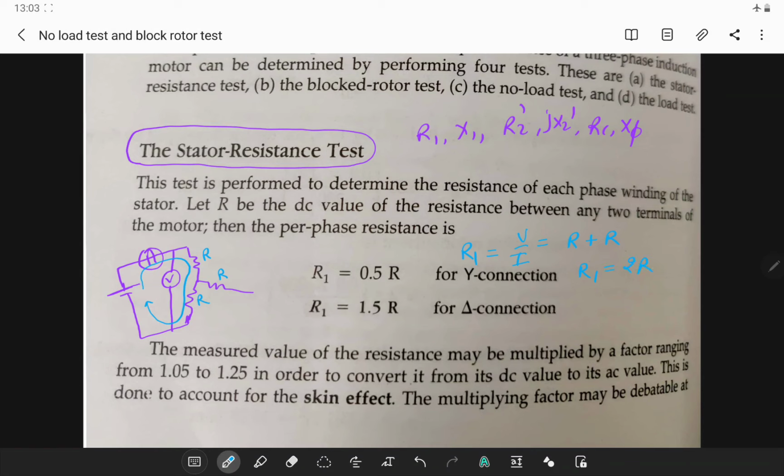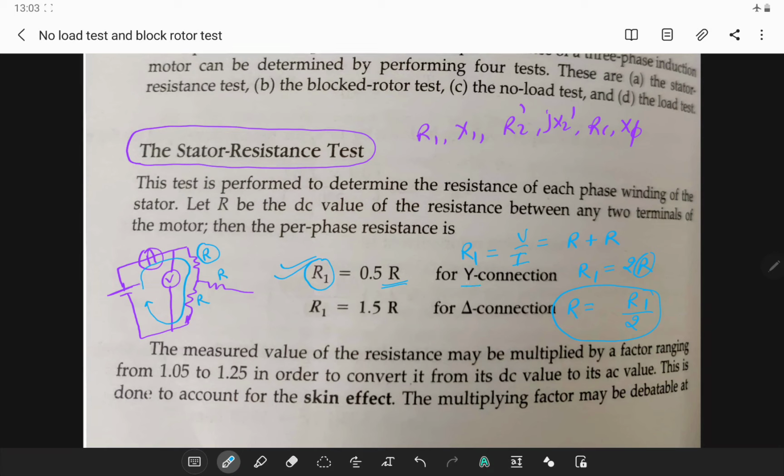What is the exact resistance per phase? That is R, which will be the value I have got divided by 2. So this is what is written here, R1 is equal to 0.5 R, meaning R1 is the actual value of per phase resistance of induction motor and R is the measured value.